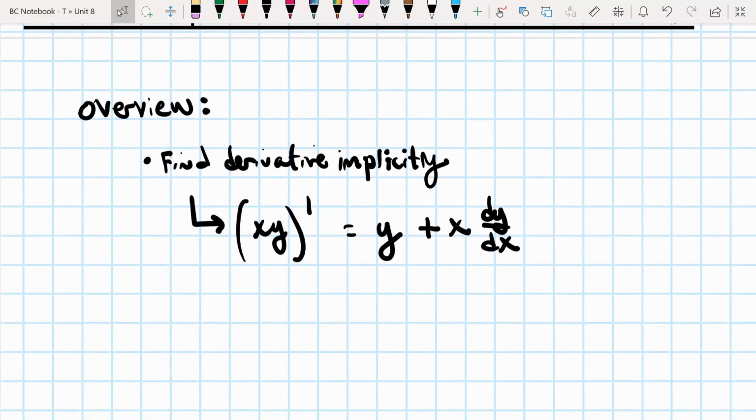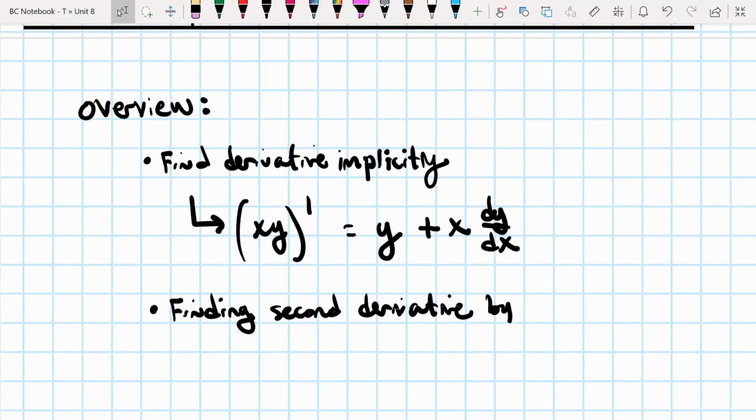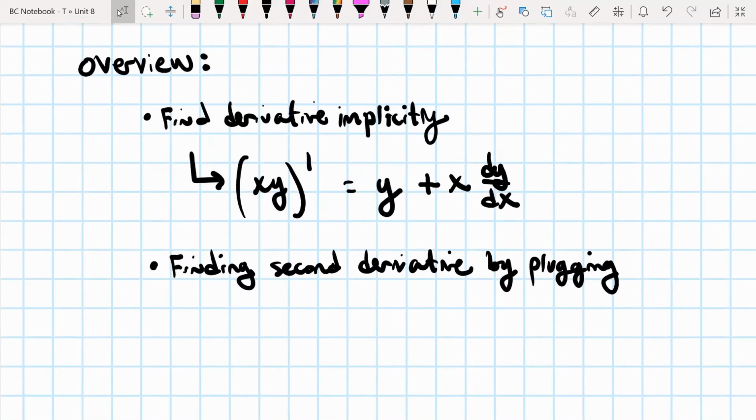Okay, the second thing is finding the second derivative by plugging in the first derivative.